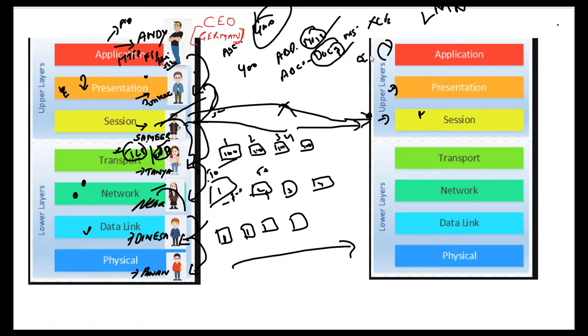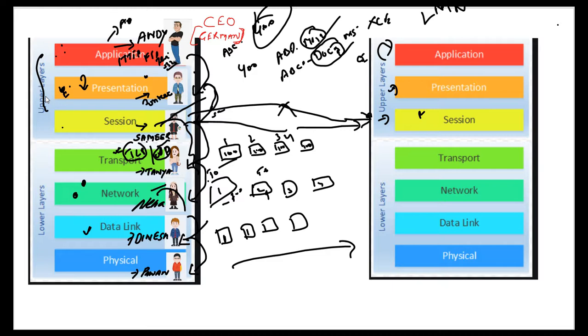So I hope you have understood how the OSI layers work, how every layer works, and this video will help you in understanding the OSI model. One more thing: the first three layers, the application layer, presentation layer, and session layer, are known as the upper layers, and they are handled by the system administrator or the system.